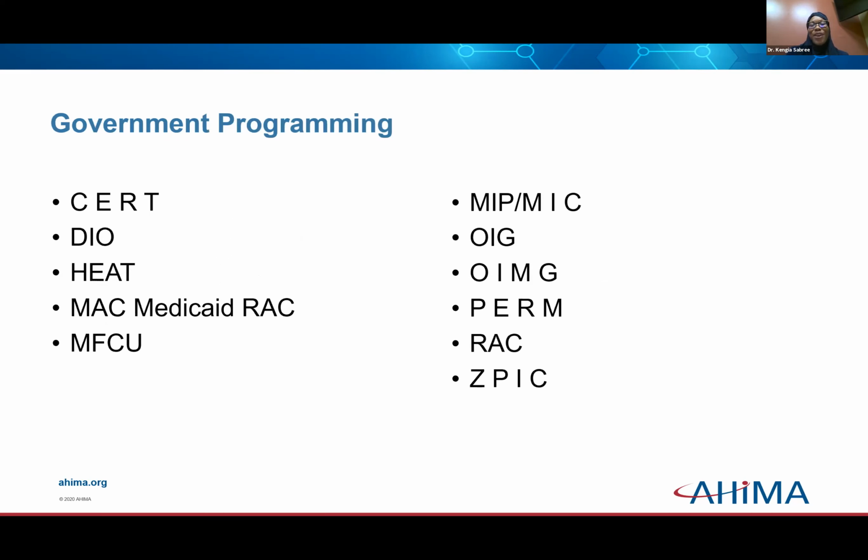All right, so there are many different audit programs regarding the accuracy of coded data submitted to federal agencies. The reviews typically include reviewing the documentation in the patient record and comparing it to the codes submitted on a claim for payment. I am not going to define these acronyms for you.